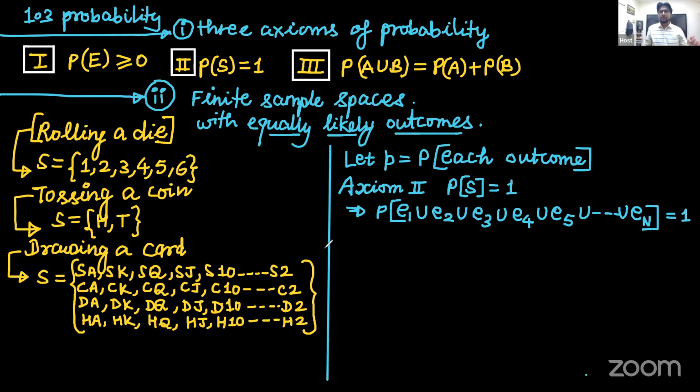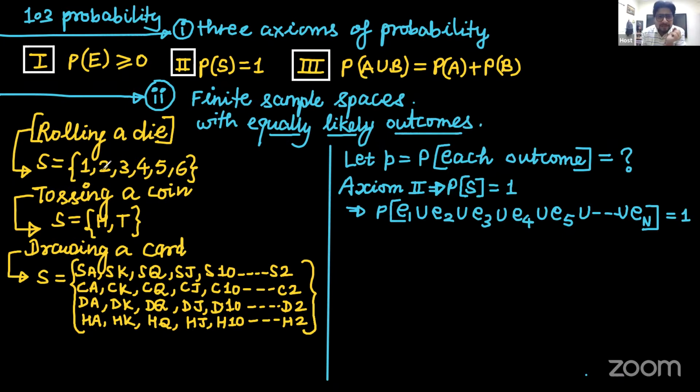I assume that the probability of each outcome is small p, and that is our target. We start with axiom number 2. Axiom number 2 says the probability of the whole sample space is 1.